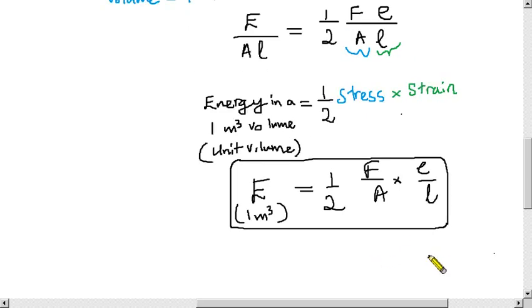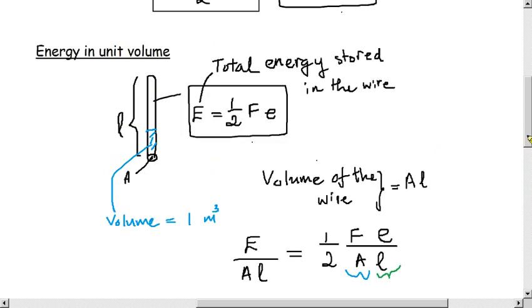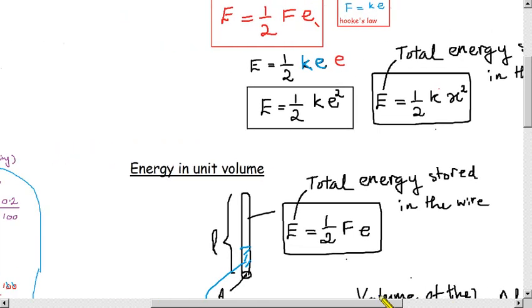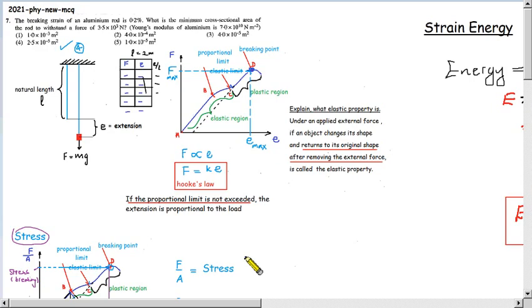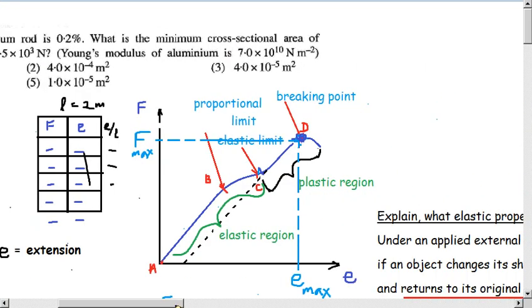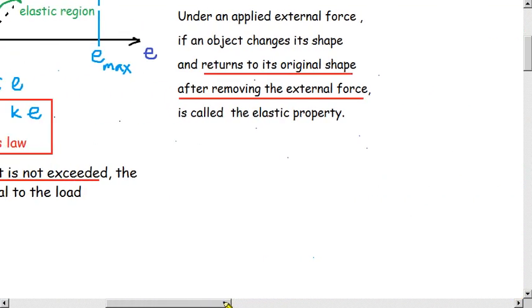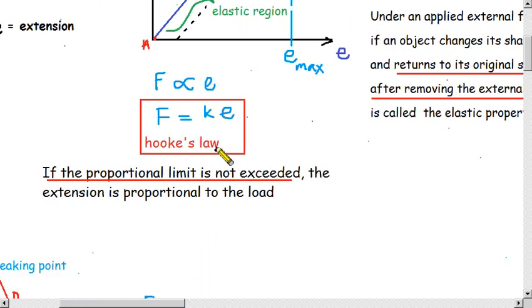So children, let us do something else. Let us go to Hooke's law. We learnt it here today somewhere. Here it is, Hooke's law. So here, what is this K? It is the proportionality constant.